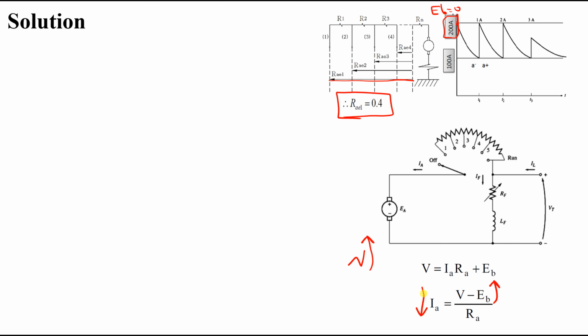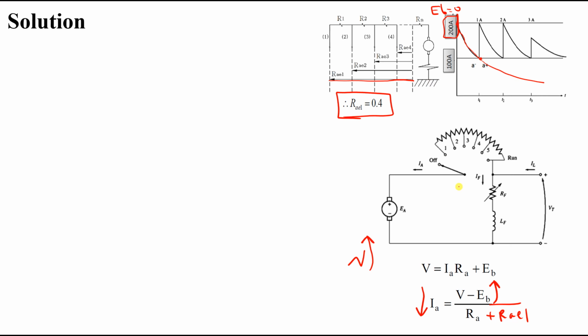Here we still have the resistance R_e1, and as speed increases, the E_back increases, so I_armature will start going down until reaching 100 amperes. If I don't remove any part of the resistance, then the current will keep going down like this.